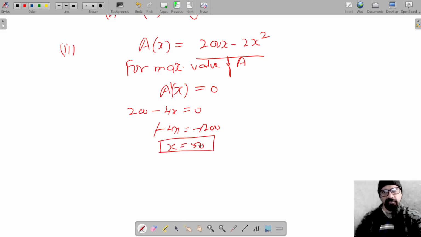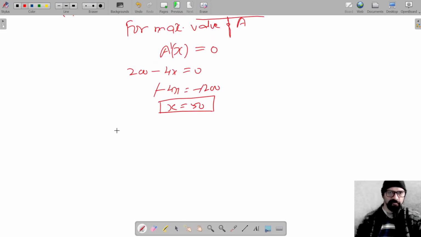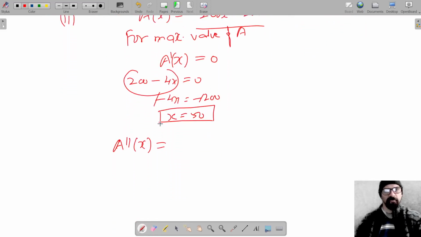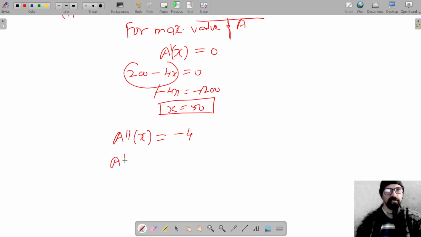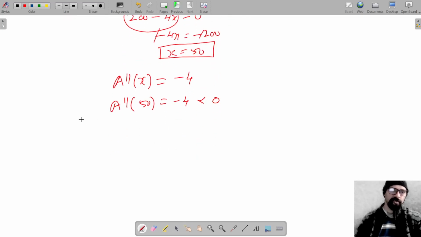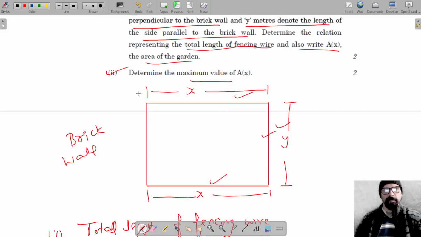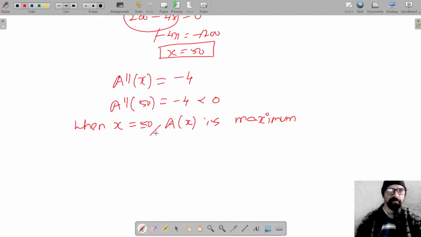Now let's check whether at this value the area is maximum or not. We use the second order derivative test. The first order derivative was 200 minus 4x, and the second order derivative is negative 4, which is less than 0. So when x is equal to 50, the area is maximum. Now we find the maximum value of the area at x equal to 50.